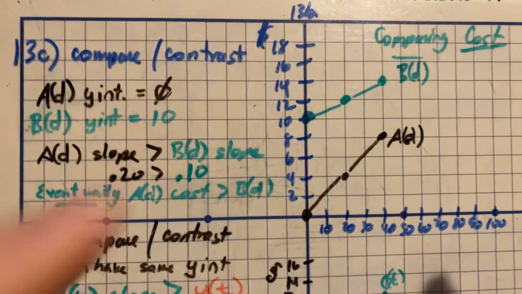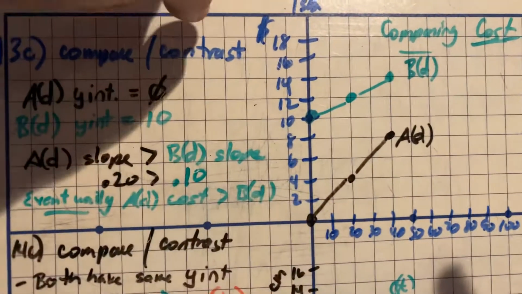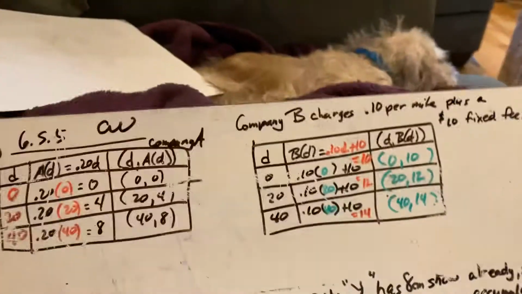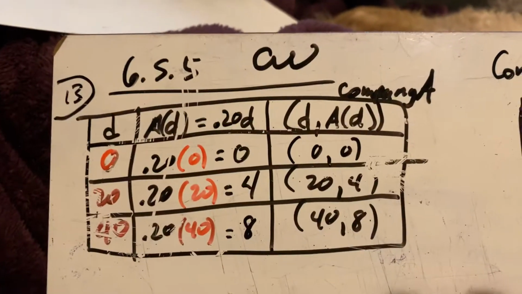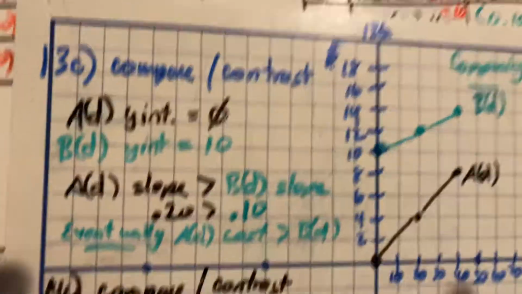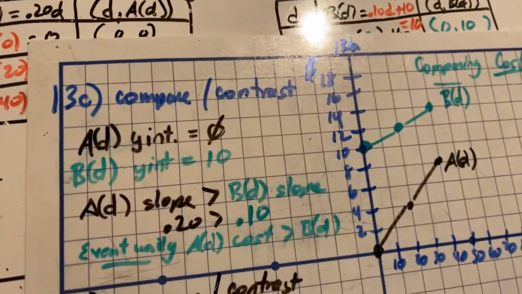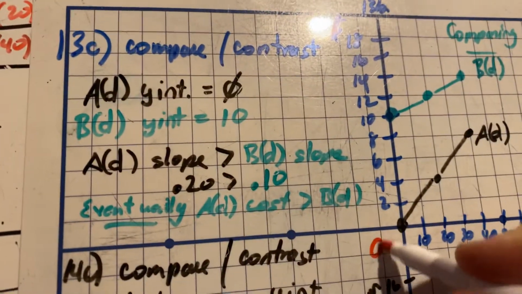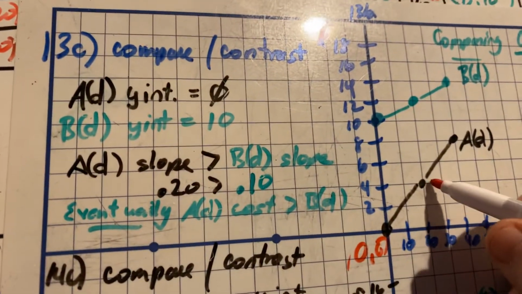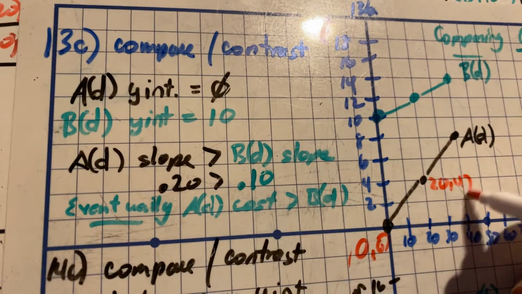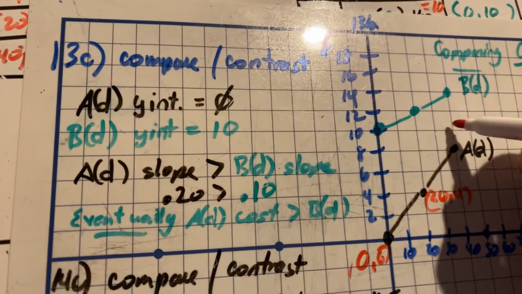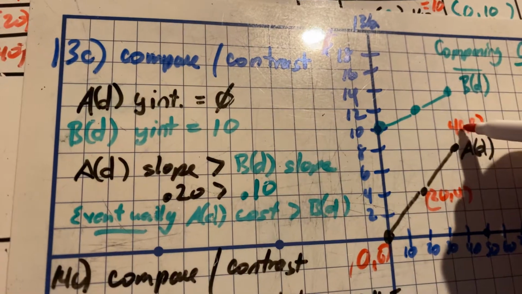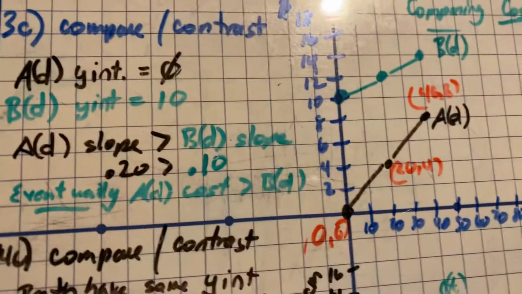And again, guys, where I got these dots is from this chart. So 0, 0 is here. 20 goes to 4. And 40 goes to 8. All right.